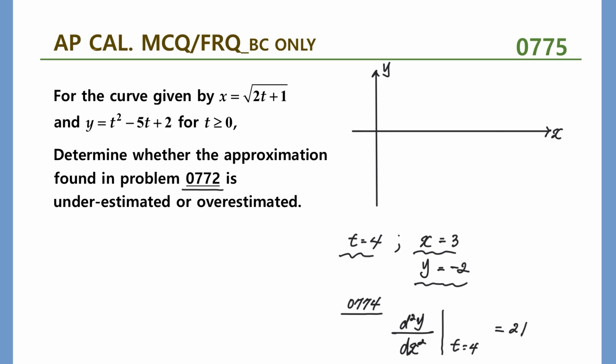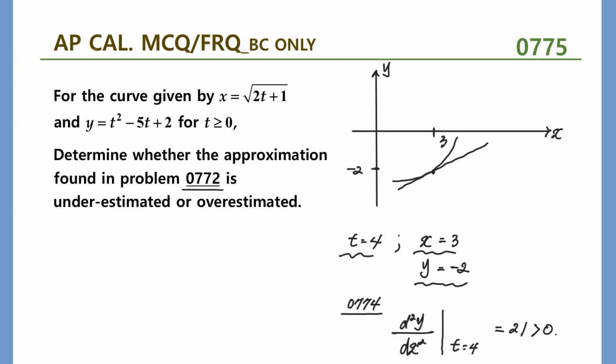So we had the point (3, negative 2), and we found the linear approximation at x equal 3.1, right? From question 774, we know that our second derivative at t equal to 4 was 21, which is positive. So the parametric curve is concave up at this point, right? So the curve is concave up like that, right?